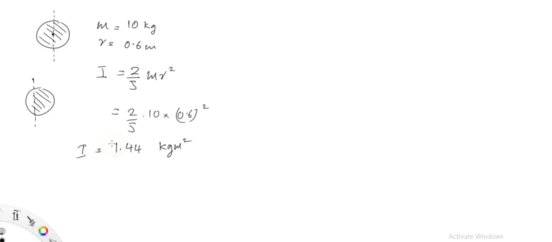So you can take any shape, any particular object, and if you know the details of it, so for an example, if we have a rectangular object like this, let's say mass is 3 kilograms, length is, what, 2 meters, and you want to rotate it around the center.